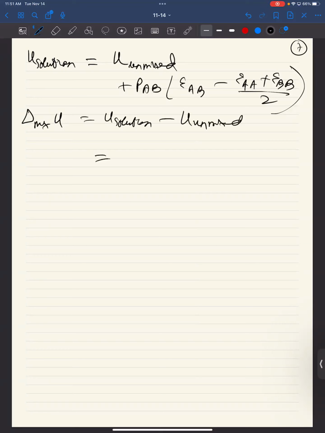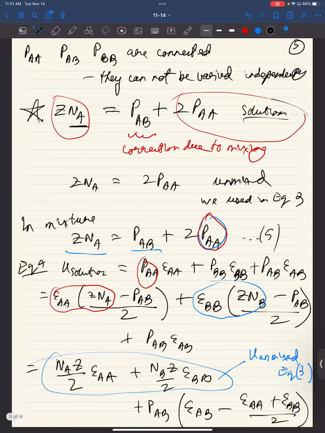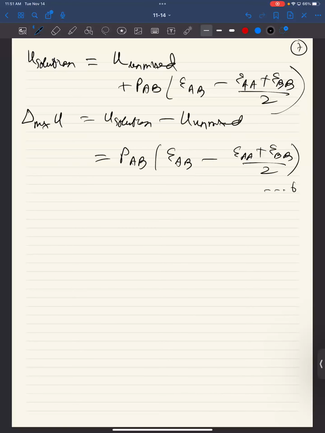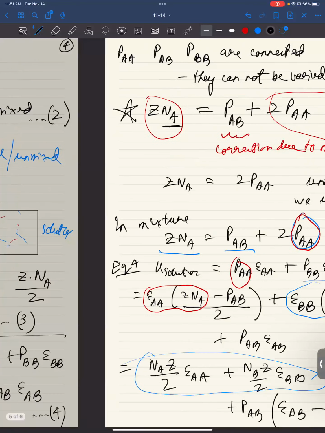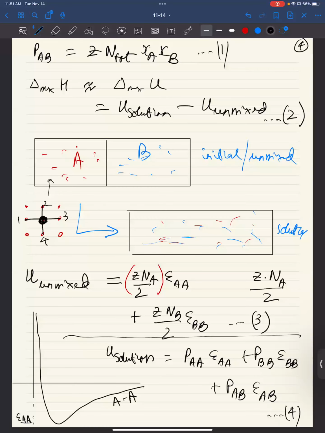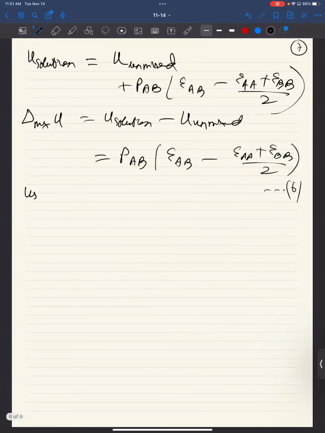And what is that? That is PAB times epsilon AB minus epsilon AA plus epsilon BB by 2. Let's call this equation number 6. And now let's use our equation number 1, the expression for PAB, which is Z n total multiplied by XA XB. Use equation 1 in equation 6.